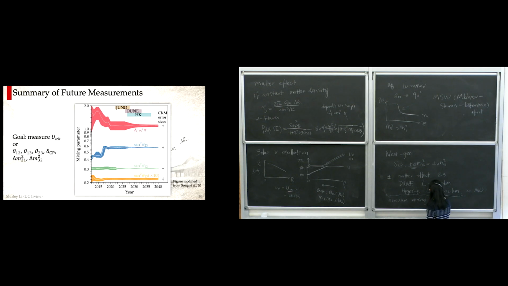This is a strategy used by JUNO. So JUNO, one of its main science goals is to go after mass hierarchy, and it uses a completely different strategy from matter effect, long baseline, and which also involves some crazy experimental design. But I'll just leave the comment there.